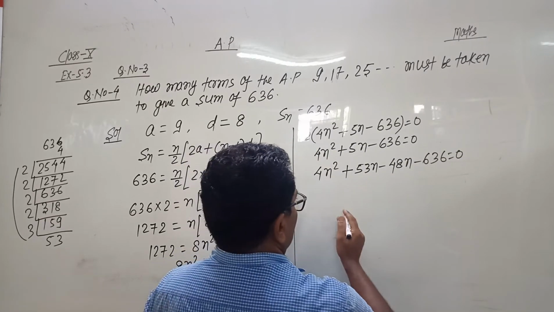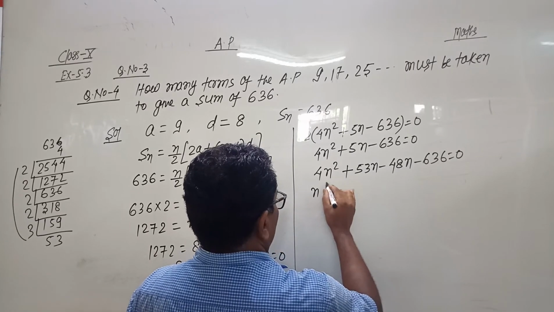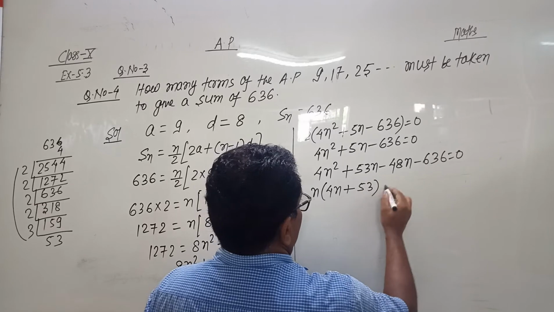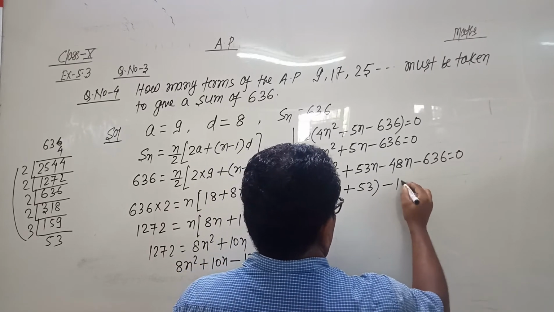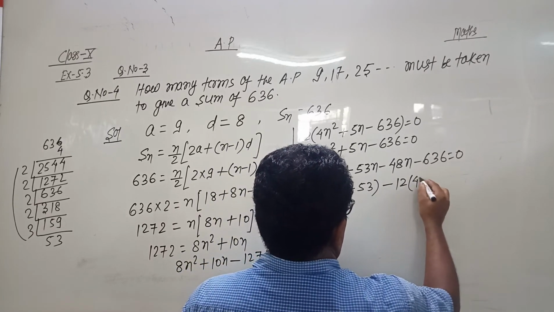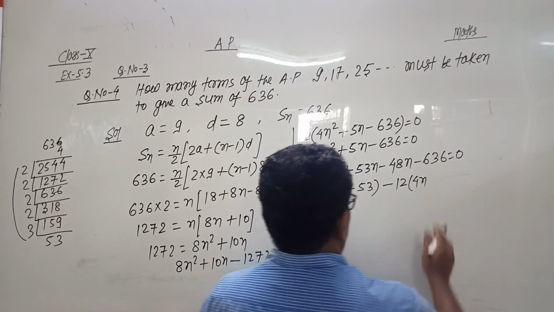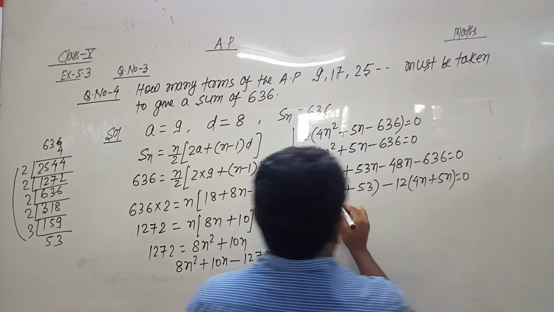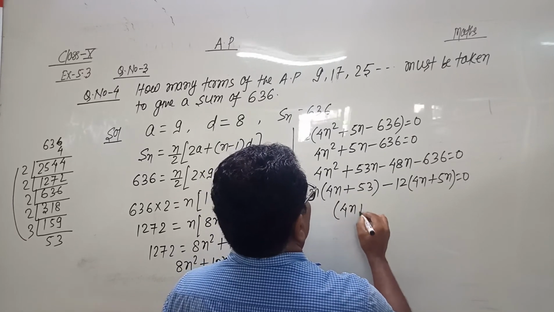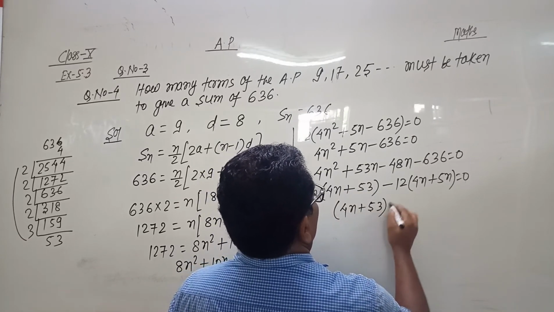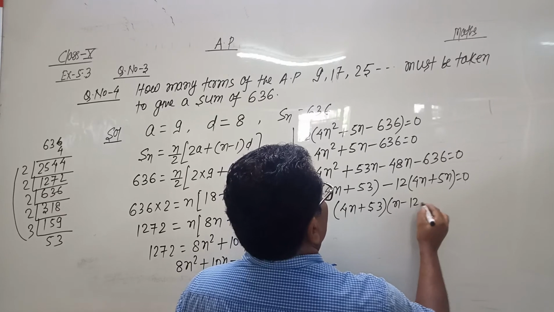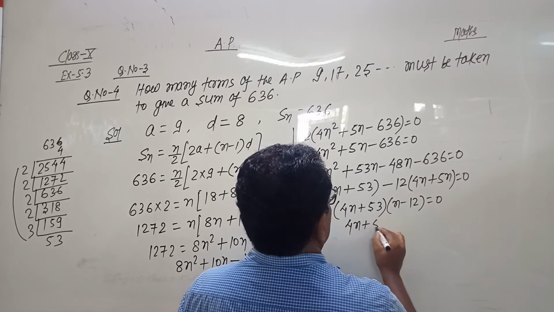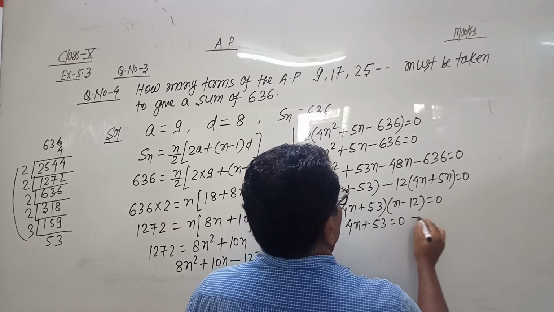From the first two terms, n is common, so we get n into (4n plus 53), and from the last two, minus 12 is taken common, so (4n plus 53). Now 4n plus 53 is taken common. So we get n minus 12 equals 0 and 4n plus 53 equals 0.